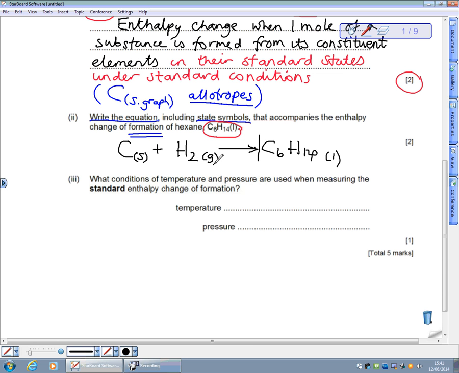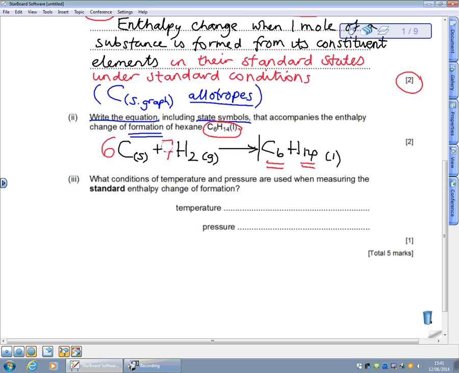Okay, let's just check how many of those I need. If I go to this side, there are 6 carbons in hexane, so I will need 6 carbon atoms to make that. And there are 14 hydrogens here, so I will need 7 pairs of them, 7 H2, to make 1 mole of hexane.